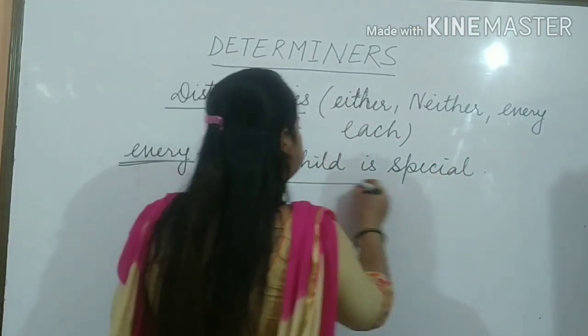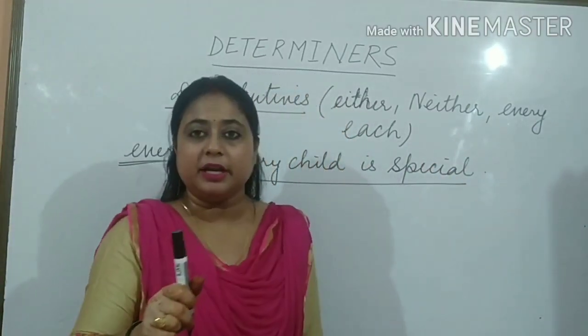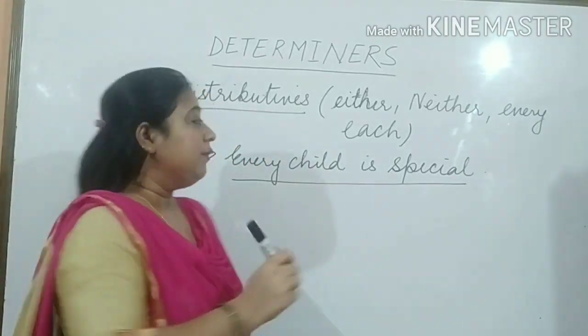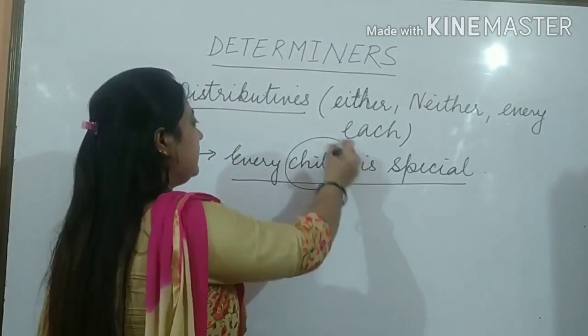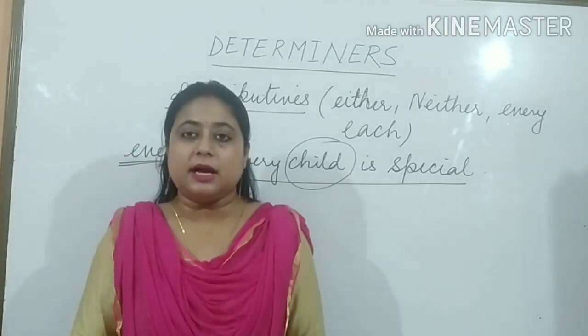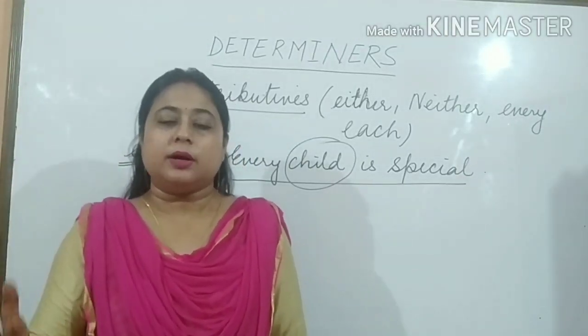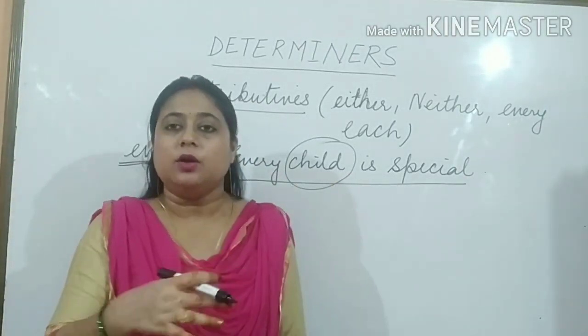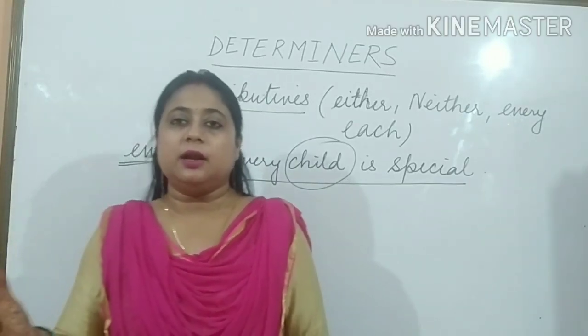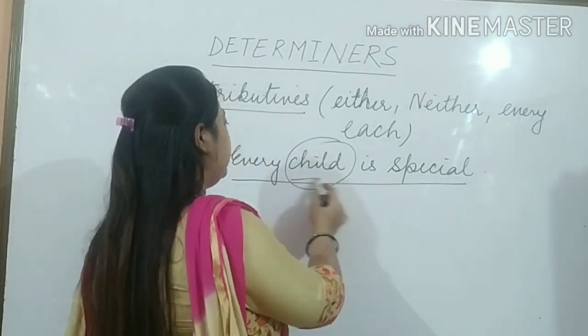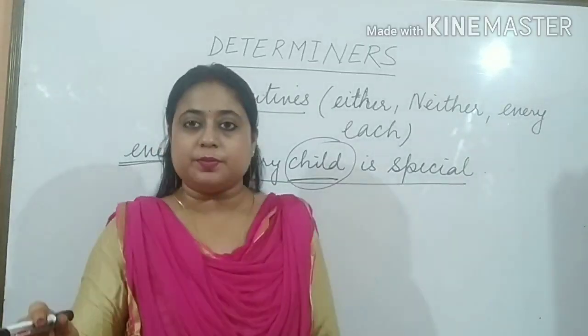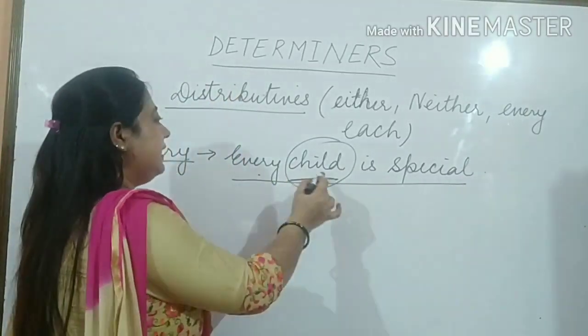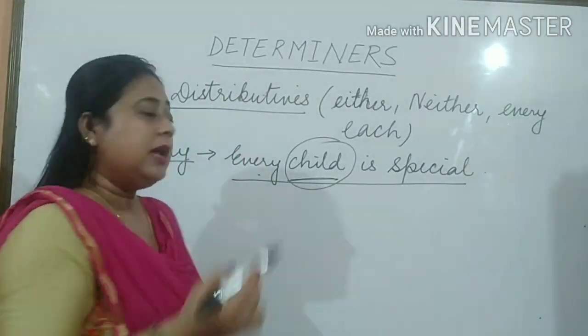So this sentence is not meant for one particular child, but for children as a group. Means the entire group comes under it, more than one child. It symbolizes the particular group, age group. So we use every child is special.